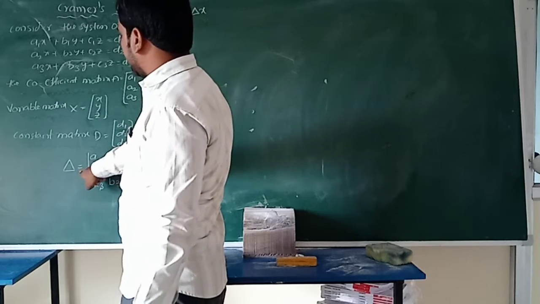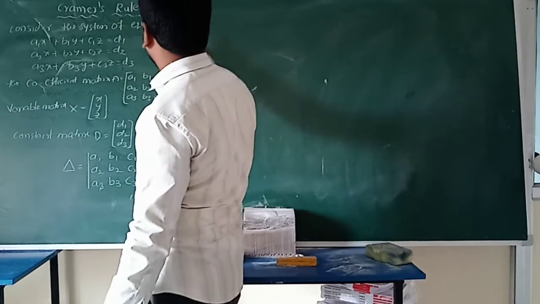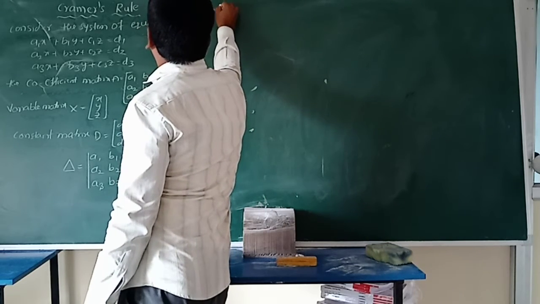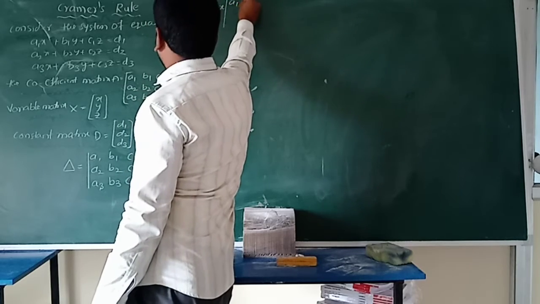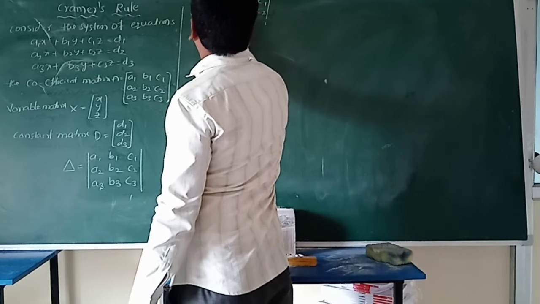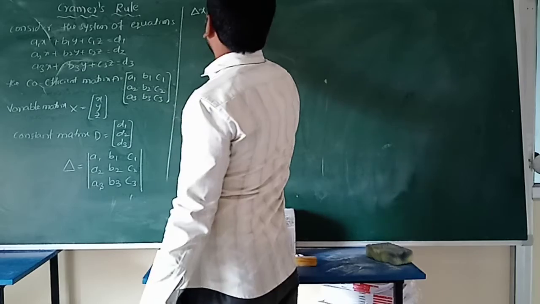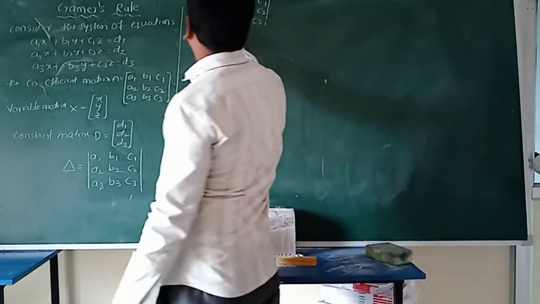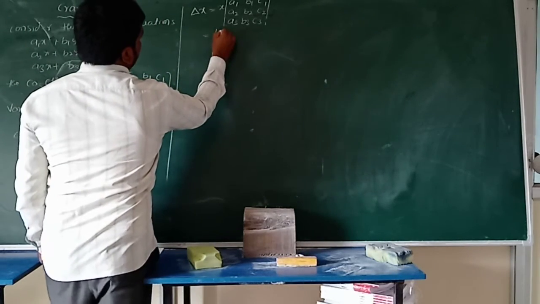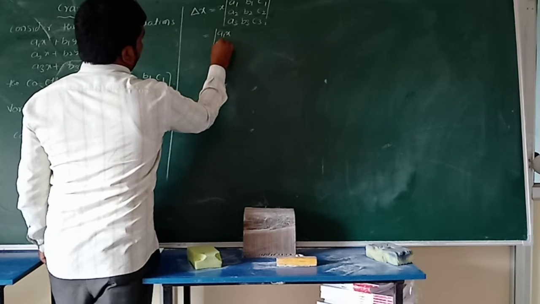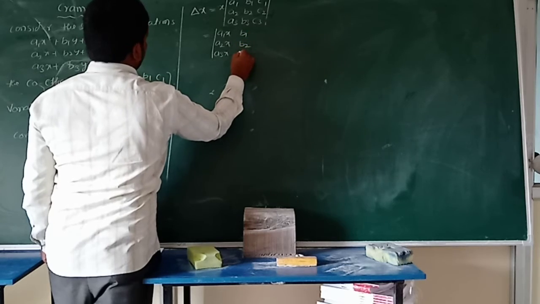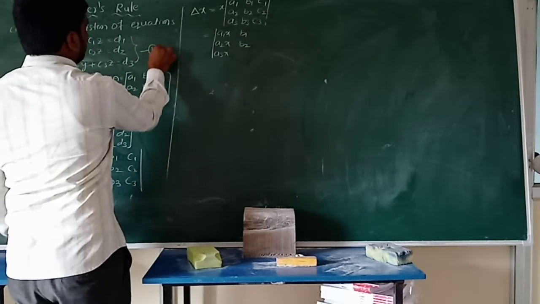Okay students, multiply this equation on both sides by x. Delta into x is equal to x into the determinant a1, b1, c1; a2, b2, c2; a3, b3, c3. Multiply x into the first column: a1x, a2x, a3x, b1, b2, b3, c1, c2, c3. This is equation number 1.